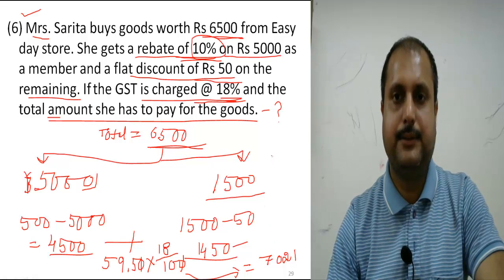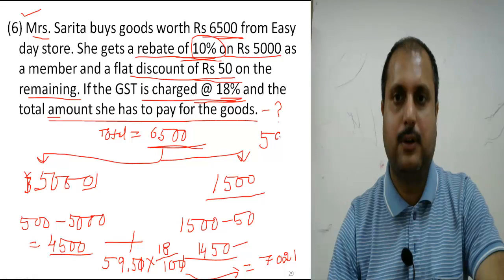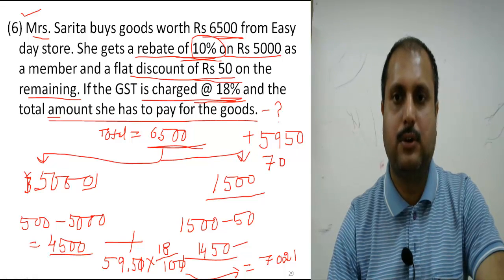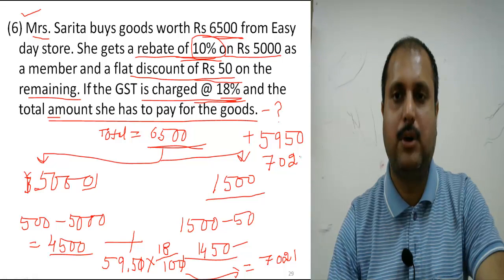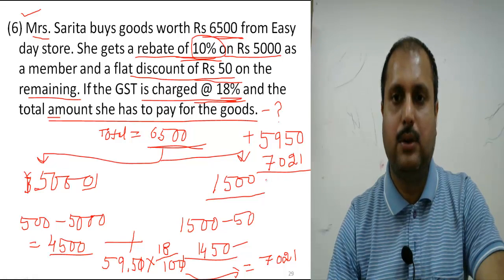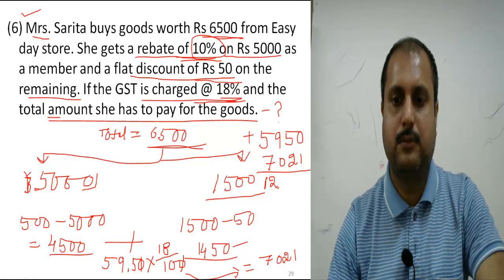So after adding 5,950 plus the GST, what is the amount of the GST? 1,071. This is the amount of the GST. So if you add it, the total amount would be 7,021.